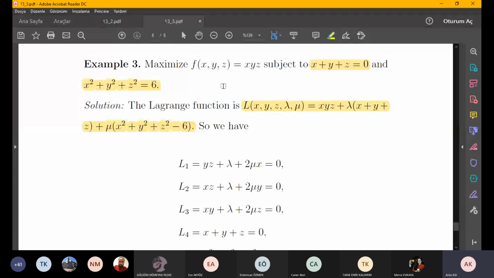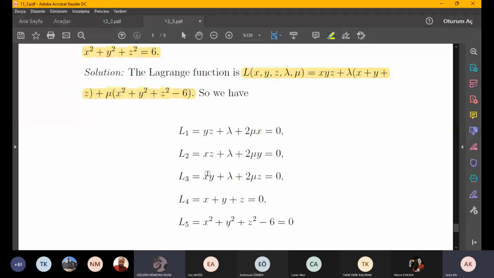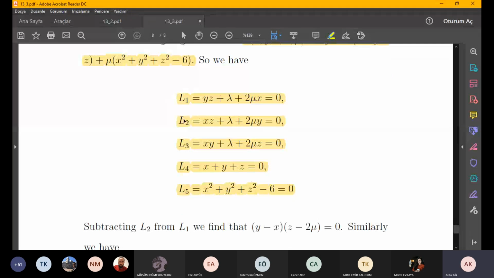So after writing the Lagrange function, we need to find the critical points. That's why we first have to find the partial derivatives of the Lagrange function with respect to x, y, z, lambda, and the last one with respect to mu.